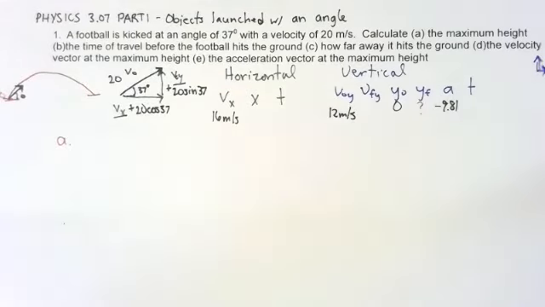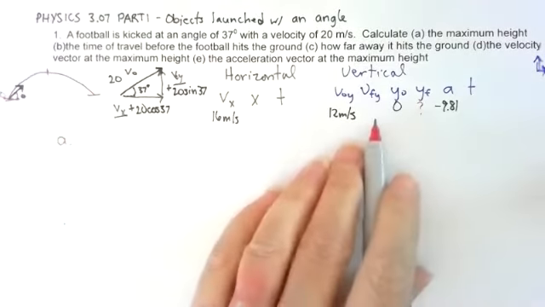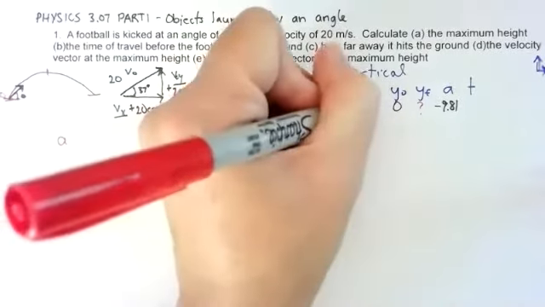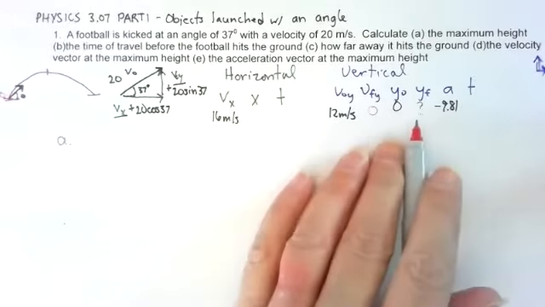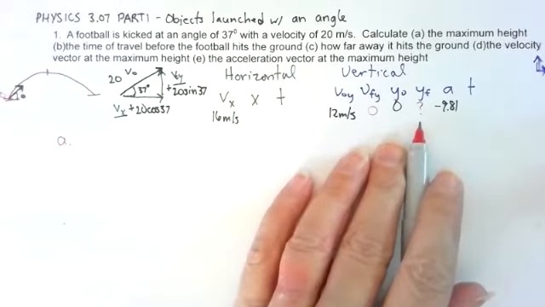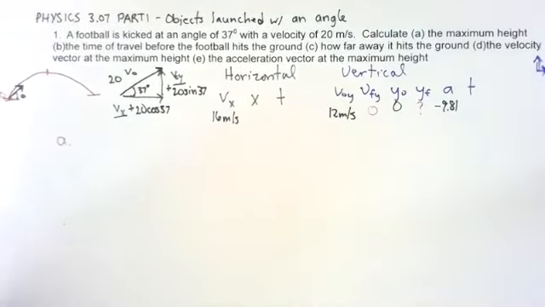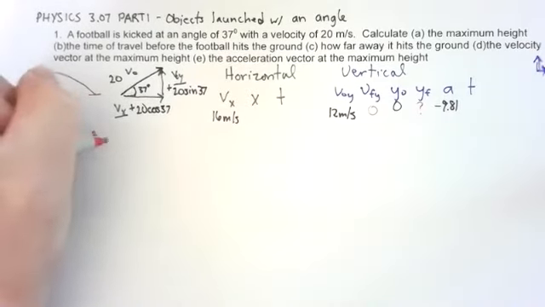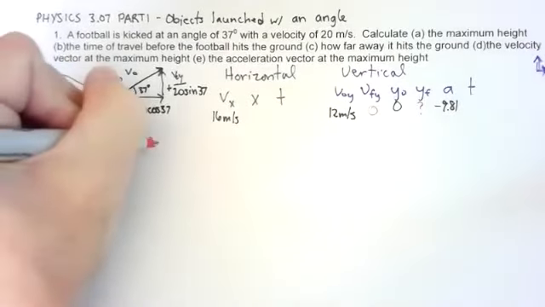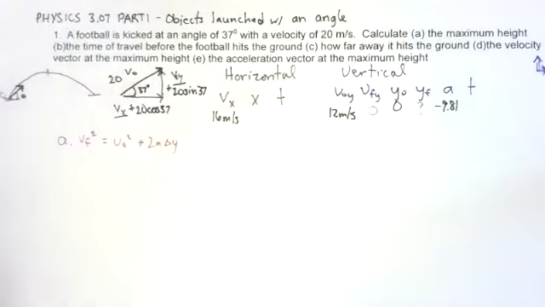So we need a third kinematic variable. Well, if we're looking for the maximum height, we know that at the top of this flight path, in the vertical, this becomes 0. So for that split second at the top, that's 0. So now I have three kinematic variables that are going to let me solve for a fourth. And I think the easiest way to do that is going to be to use v sub f squared equals v sub o squared plus 2a delta y.